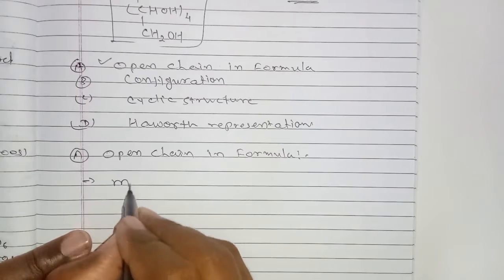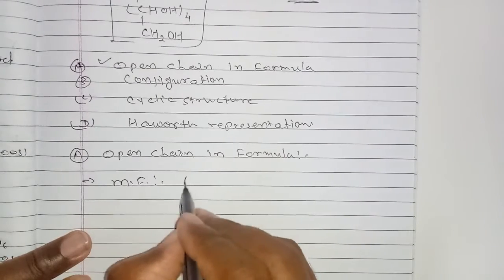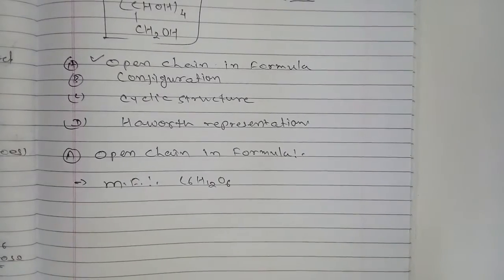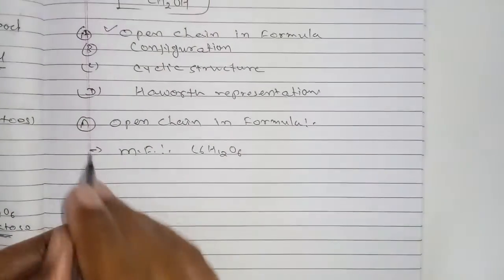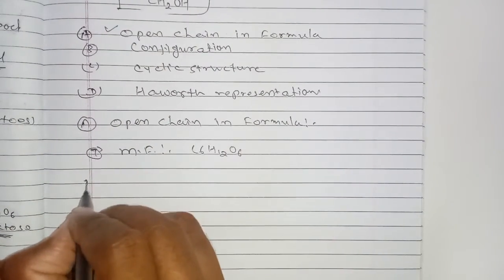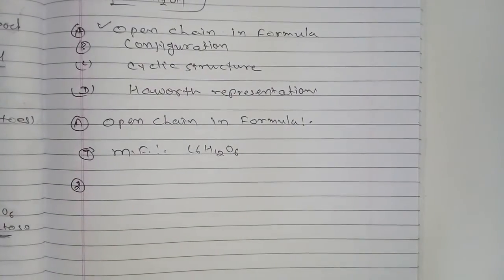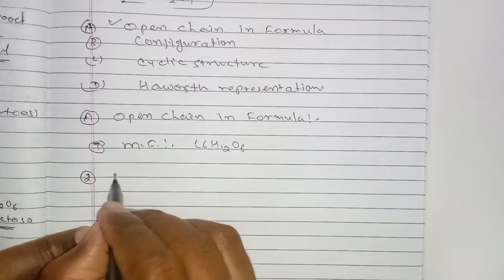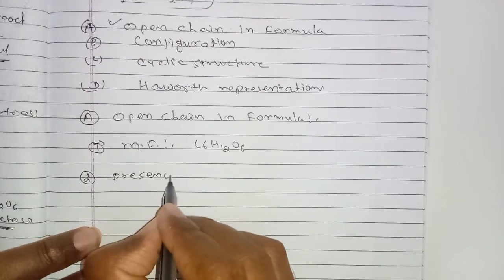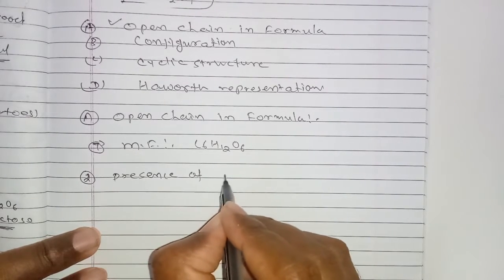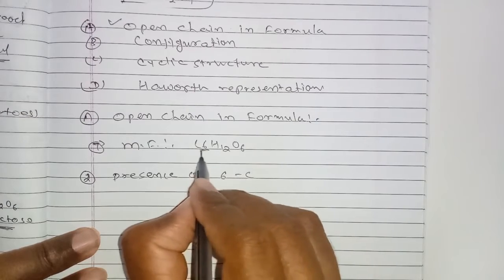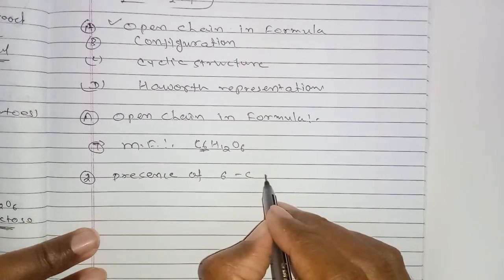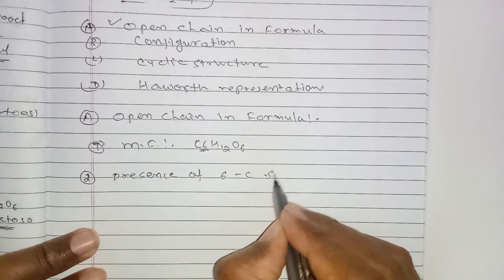Its molecular formula is C6H12O6. Number 2, the presence of 6 carbons in a straight chain.